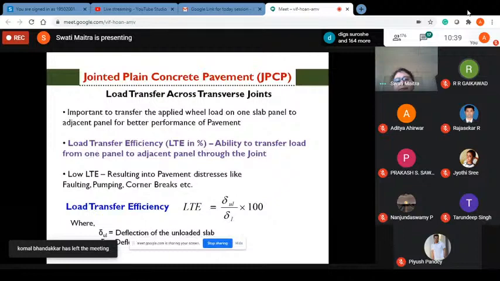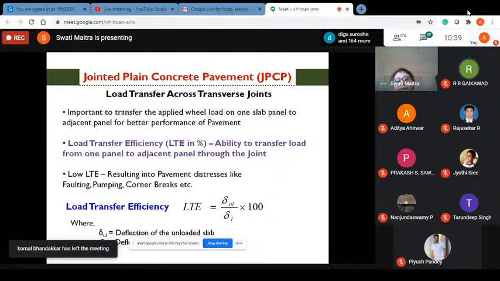Now, wheelbase characteristics. The wheelbases of trucks generally range from 3.6 meter to even more, maybe 5 meter or so. The commonly used spacing of transverse joint in India, as I said, is 4.5 meter. So if it is 3.6 or so, we can consider.